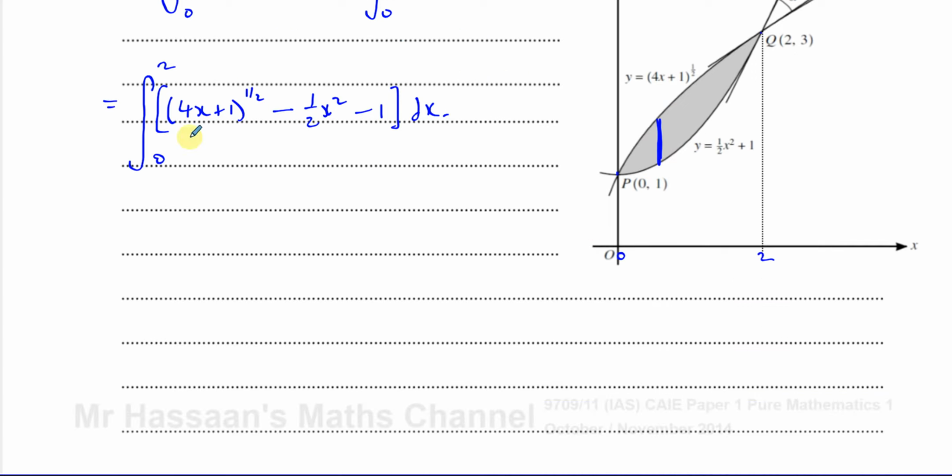Now I need to integrate this whole expression, and I can integrate the terms separately. The first term, (4x plus 1) to the power of a half, is a case of reversing the chain rule, because you have a whole bracket raised to a power.